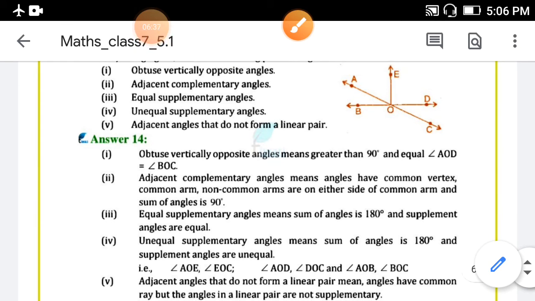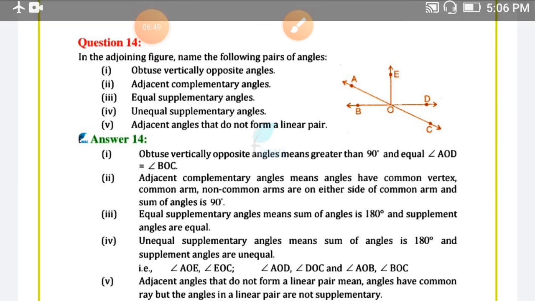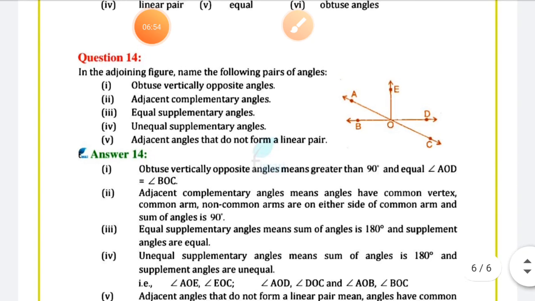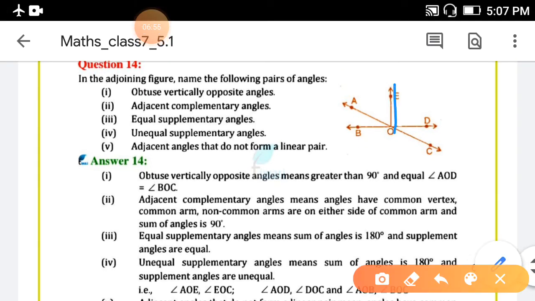Third one, equal supplementary angles. Supplementary angles means their sum is 180 degree. So, both are equal supplementary angles. You have to find out which they are. That is EOD and EOB.